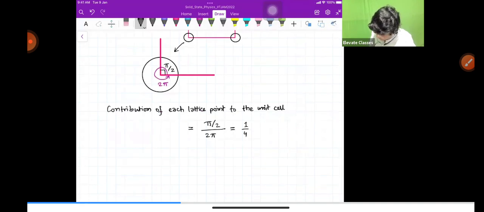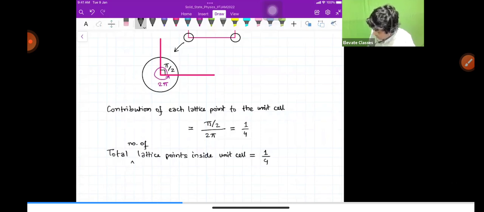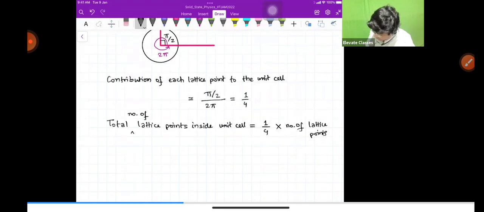And how many points are there? So the total number of lattice points inside the unit cell is equal to the contribution of each lattice point to the unit cell multiplied by the number of lattice points touching the unit cell boundary, to be specific.